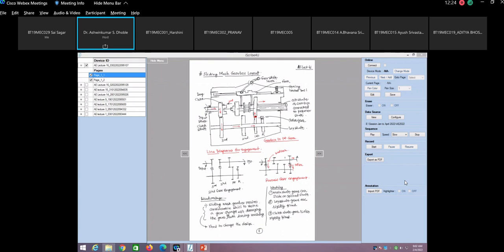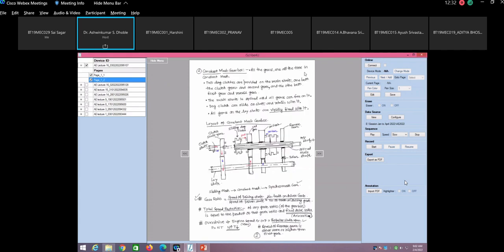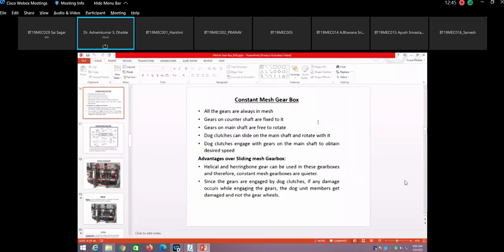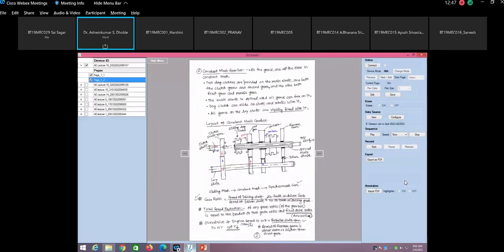After that, to rectify that particular disadvantage, we shifted to the constant mesh gearbox, where all the gears are continuously in mesh with each other, and dog clutches are used to engage and disengage to change the gears. So that we have seen.